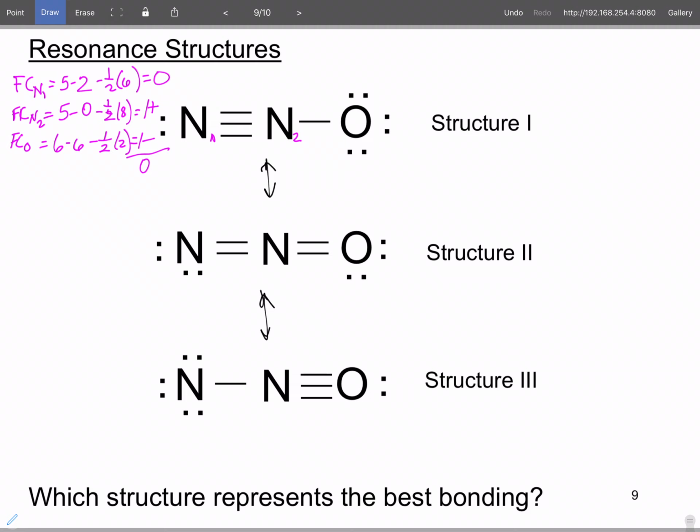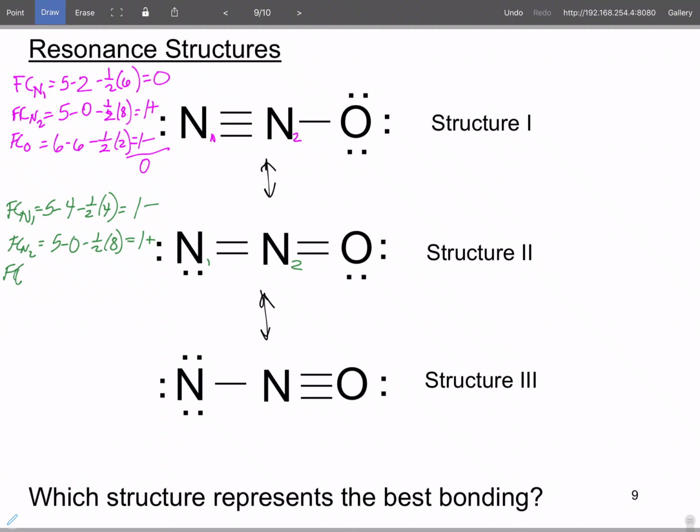And I'm going to go ahead and stack it. Again, this is 1 and this is 2. So formal charge of nitrogen 1 is equal to 5 minus 4 non-bonding minus 1/2 of 4. So 5 minus 4 is 1, minus 2 is 1 minus. Formal charge of N2 is equal to 5 minus 0 minus half of 8, which is 1 plus.